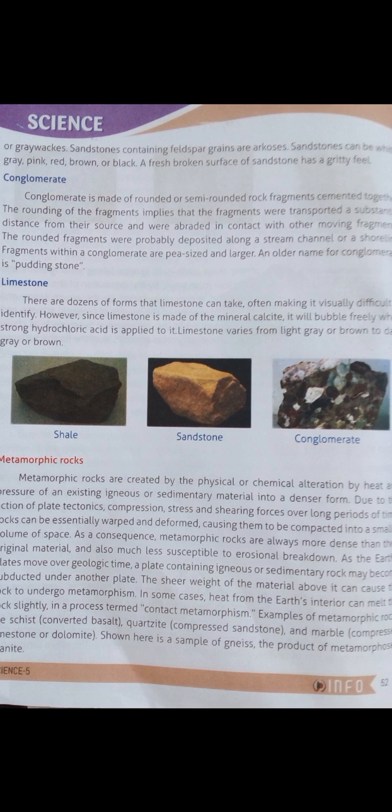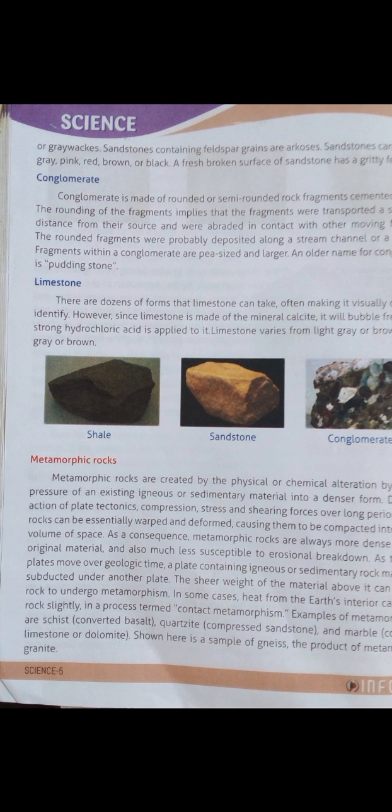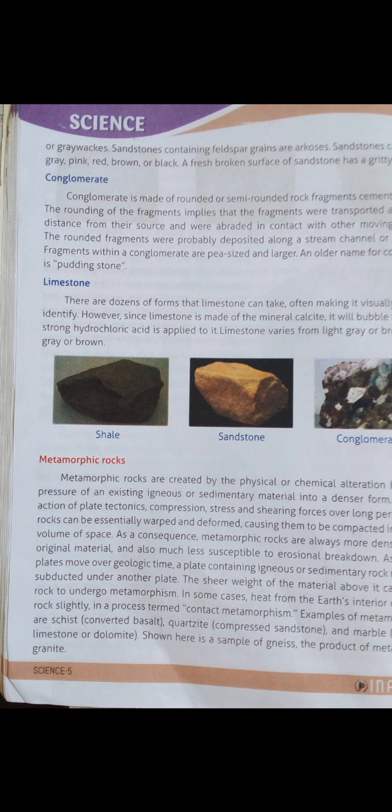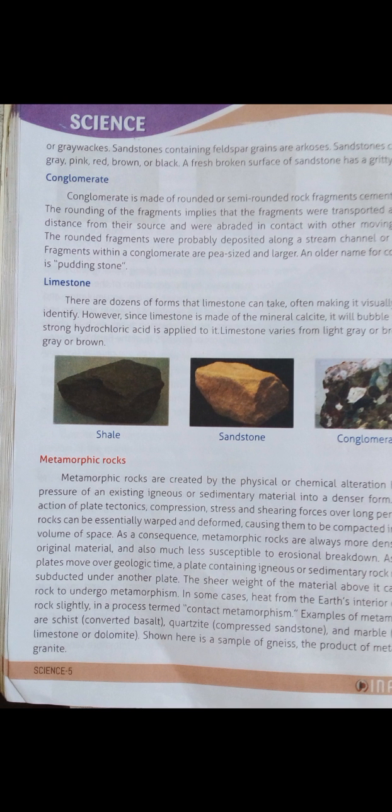Once again, I will explain metamorphosis. Metamorphic rocks are created by physical or chemical alteration by heat and pressure of an existing igneous rock or a sedimentary rock into a denser form.